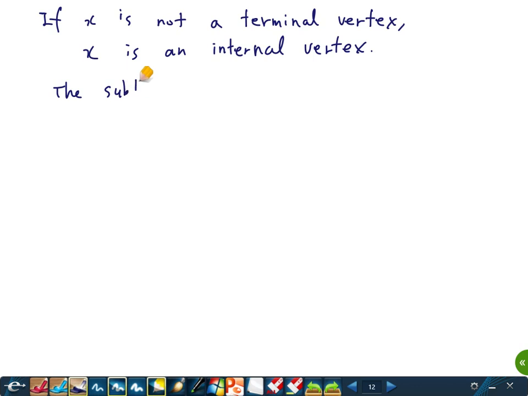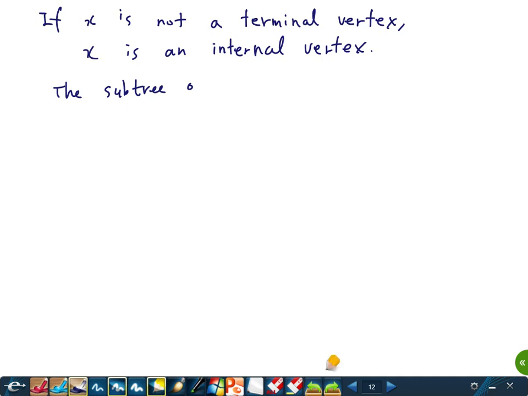The subtree of... no, this is strange. Okay, all right, this is the definition.